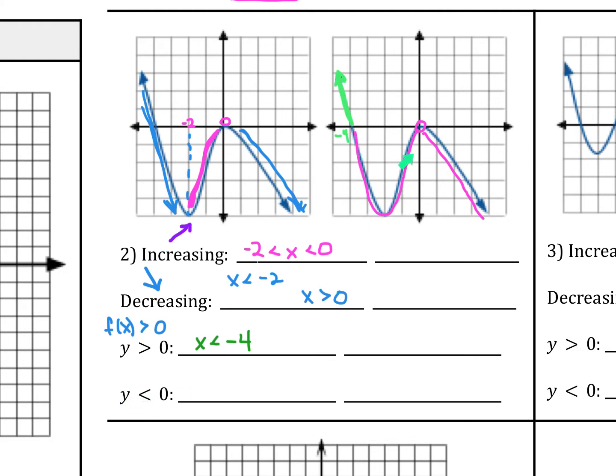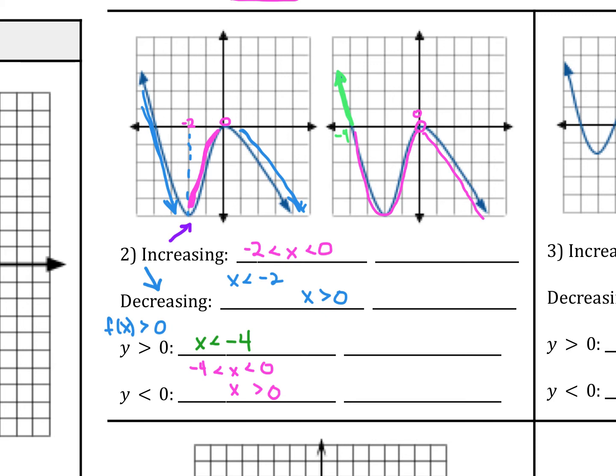So we can say in this interval here between -4 and 0, so that is when x is between -4 and x is 0. And then it's still below the x-axis past that point. So therefore, it's also less than 0 when x is greater than 0.